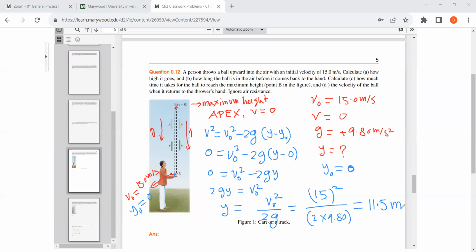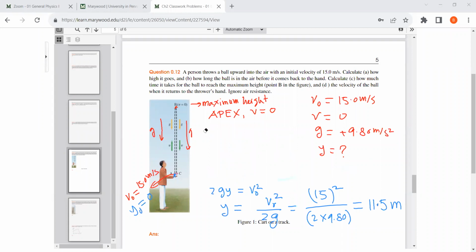All right. So once we have it, the next thing is how long the ball is in the air before it comes back to the hand. Now let's erase this and see what we are given for the next problem.